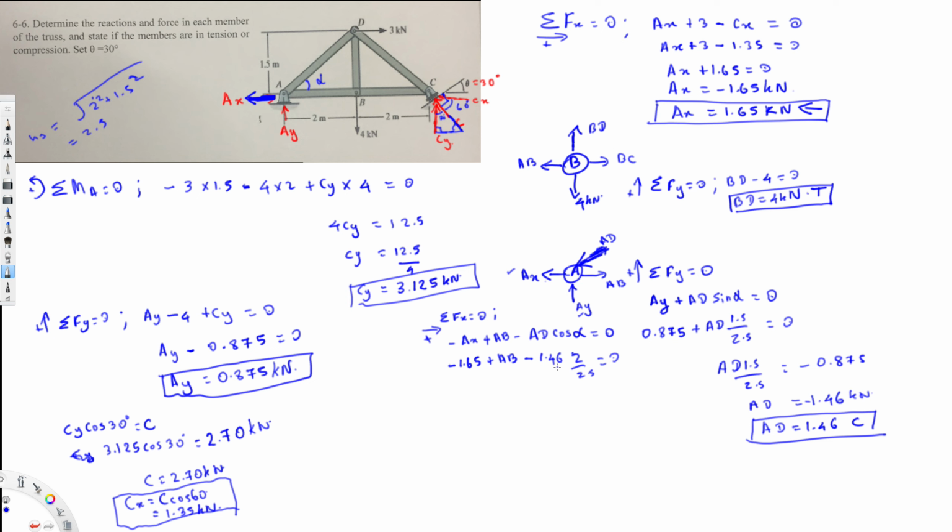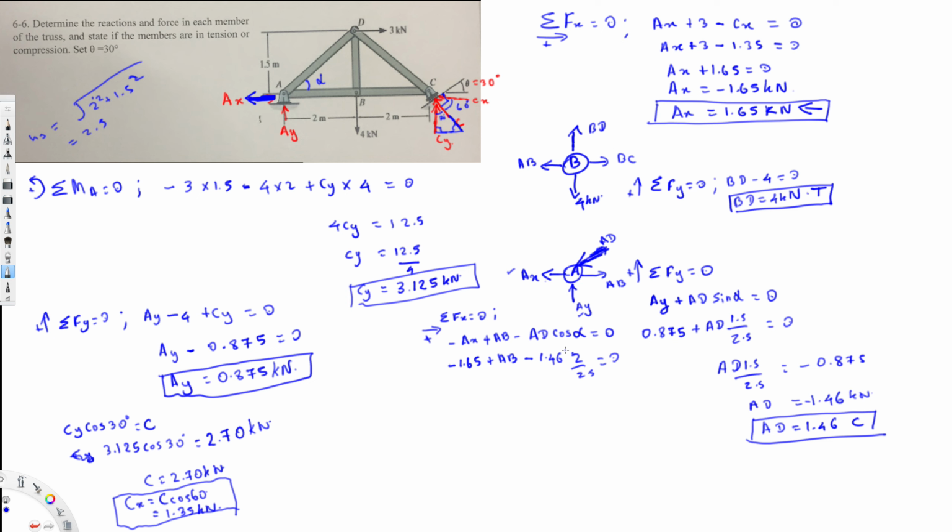let me see what I get. So 1.46 times 2 over 2.5 minus 1.65 equal to... so this comes out to be, wait a minute, I'll calculate again to make sure.